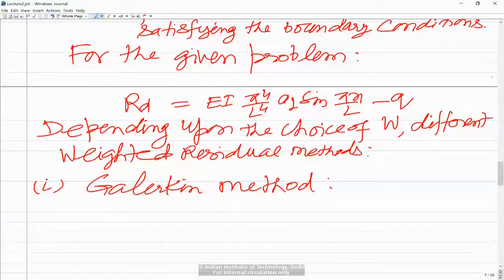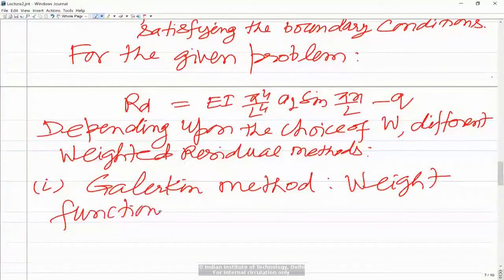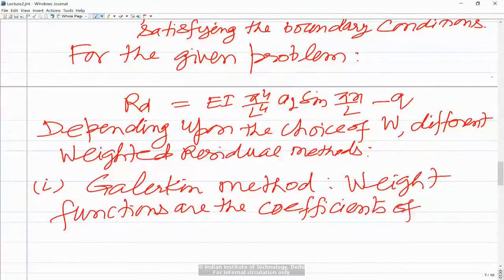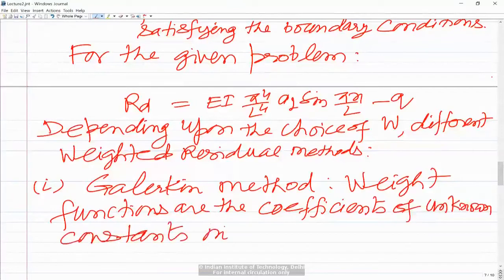So the weight functions are chosen as the coefficients of the unknown constants in the approximate solution.